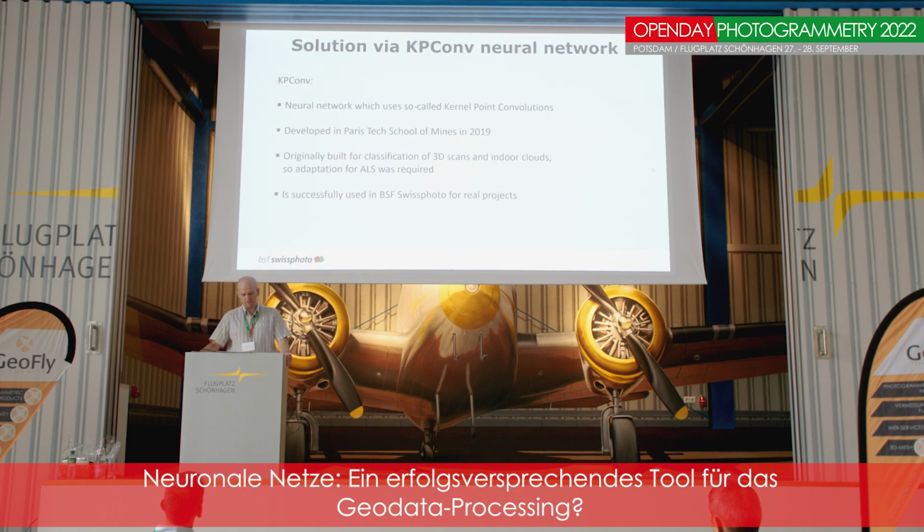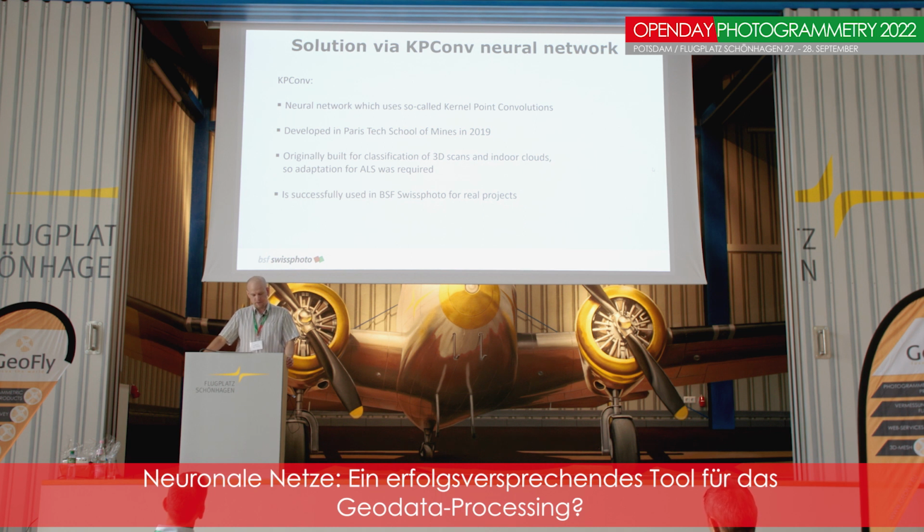Our solution of this task is done via KP-conv neural network, which stands for kernel point convolution. It was developed in Paris Tech School of Mines in year 19th, based on logic applied for image processing.